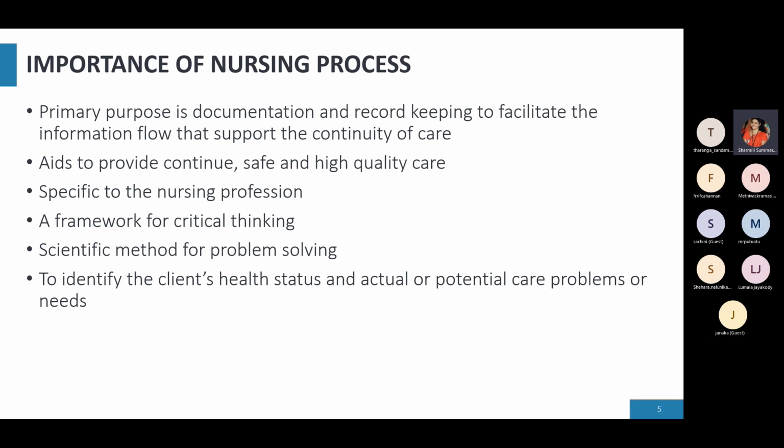So why is the nursing care plan important? Because the primary purpose of the nursing care plan is documentation. With documentation, we can maintain the continuity of information and also provide continued care.